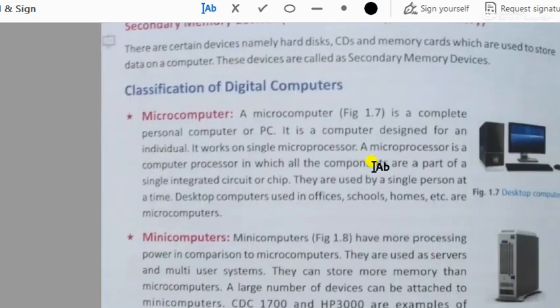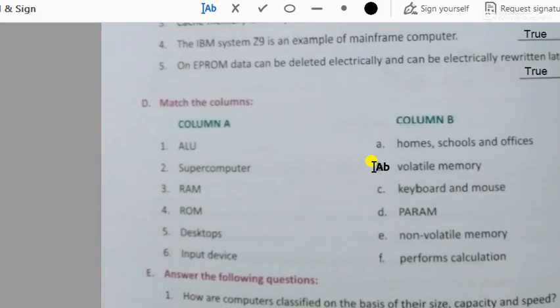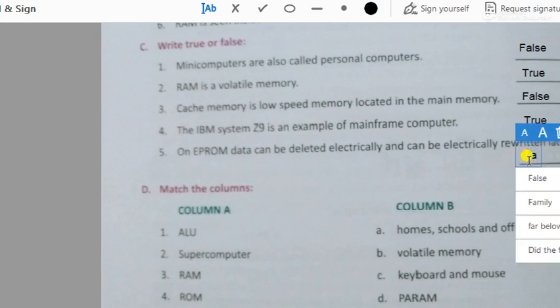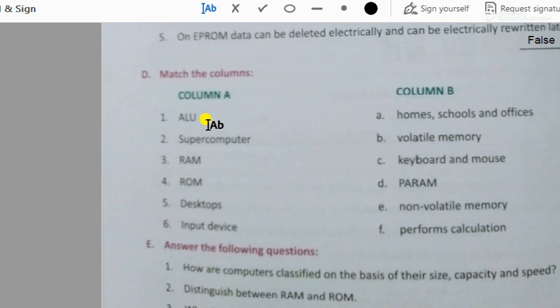That is a wrong answer. That is EEPROM. This is false. So EEPROM cannot be rewritten. Fine.